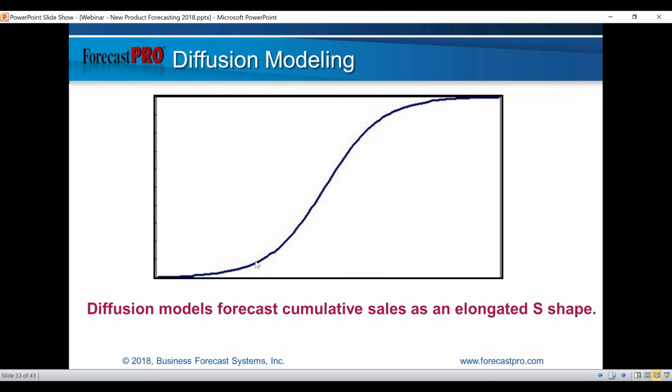As the early adopters are getting it, as they're starting to get a buzz around, if it's good or bad, then some of the imitators come in, and the rate is increasing until you get to a certain point, which we call an inflection point, where the rate of adoption starts to slow, and we start to saturate our market, and the number of first-time adopters starts to level out, and eventually you'll get all the first-time adoptions that you're going to get for a new technology.